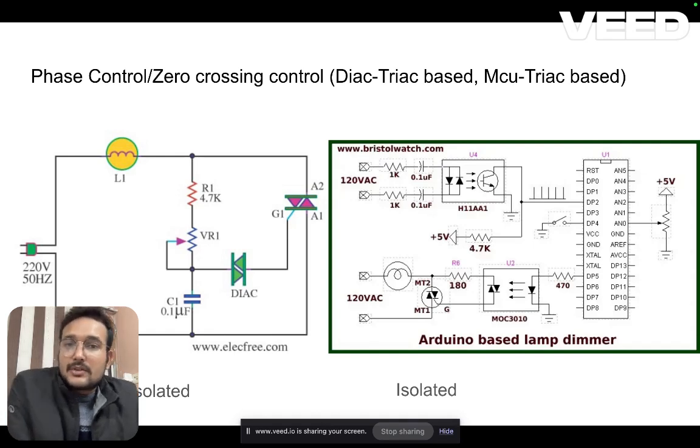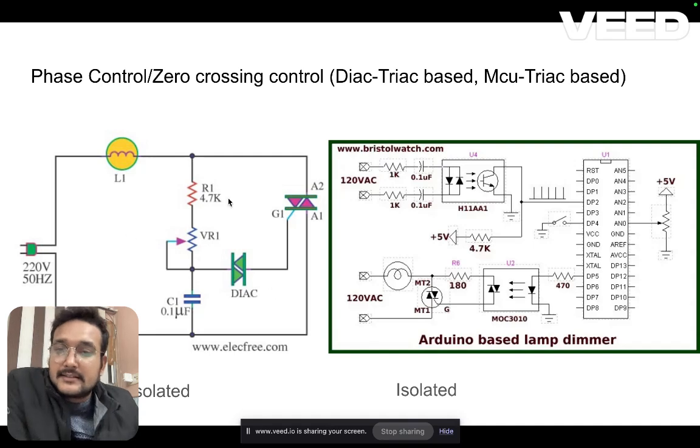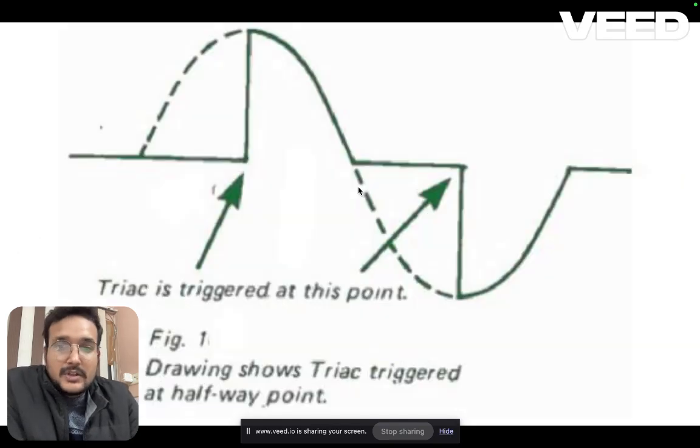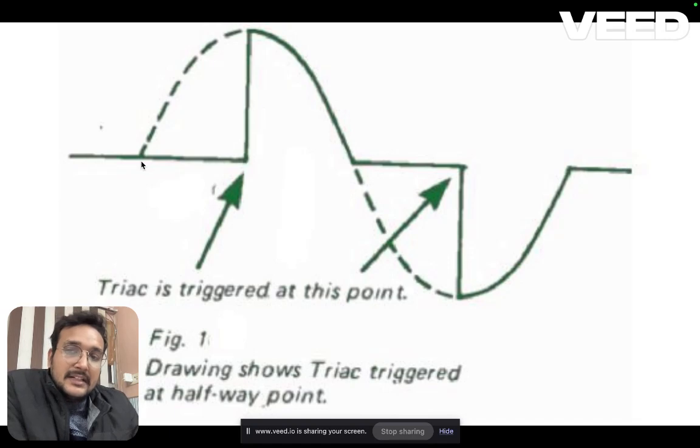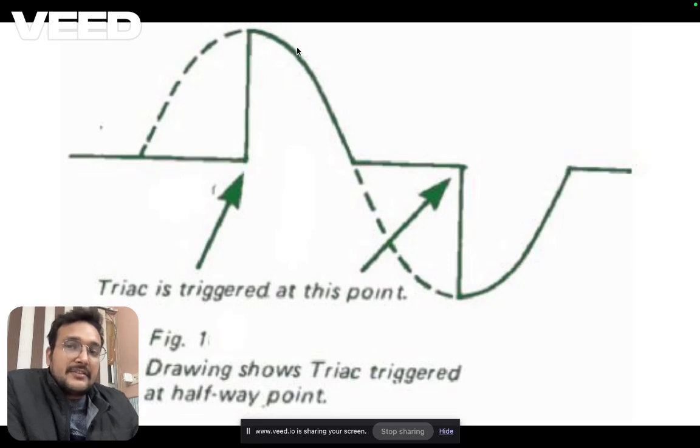Phase control and zero crossing control method. In this method, what we are seeing is there are two diagrams. The reason it is called phase control and zero crossing control is because of this sine wave. What is happening here is we inject some delay in the sine wave which is given to the load.